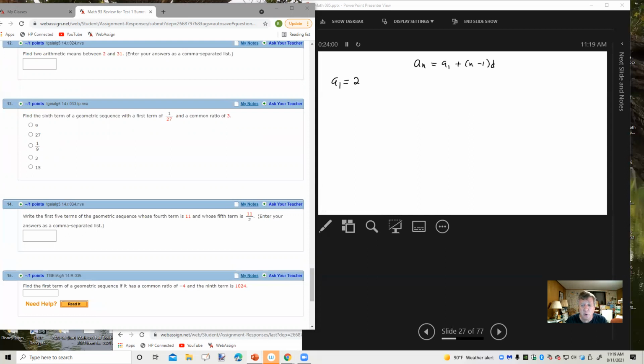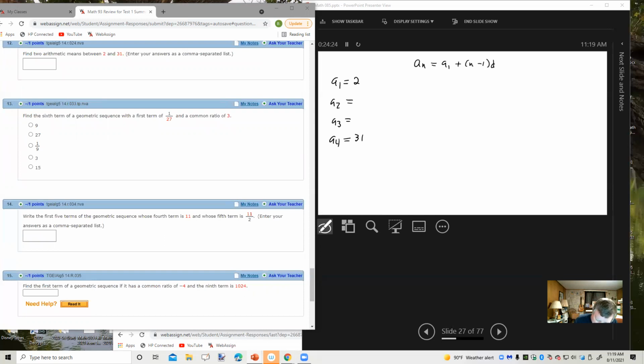If we're going to have two arithmetic means between them, that means that a sub 2 and a sub 3 would be the two arithmetic means between 2 and 31. Now the problem is basically like the previous one. We know a sub 1, we know a sub 4, we just need to find d.